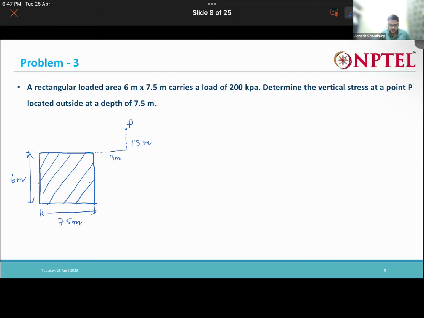Okay, so we need to determine the vertical stress at this point P. All right, and this point P is located at a depth of 7.5 meters. All right, and this is our loaded area.